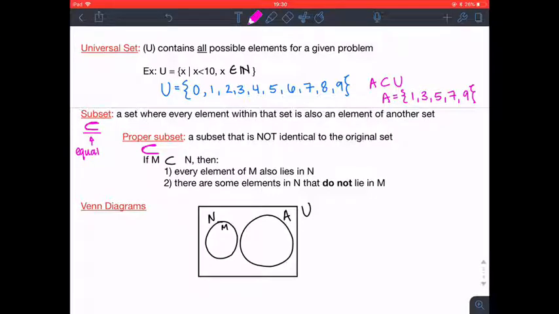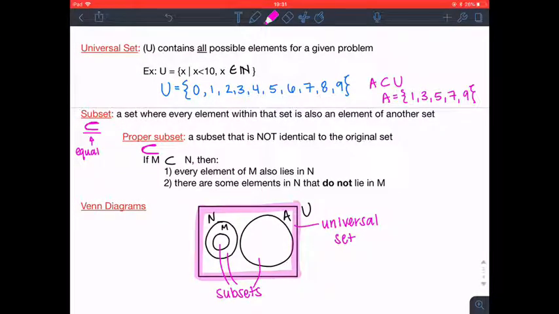In this Venn diagram, there should be another circle right here for M. In this Venn diagram, M, N, and A are all subsets, so they are within the universal set U. In Venn diagrams, we use a rectangle, this entire rectangle, to represent the universal set, so every element within a situation. And we use circles within that to represent subsets.